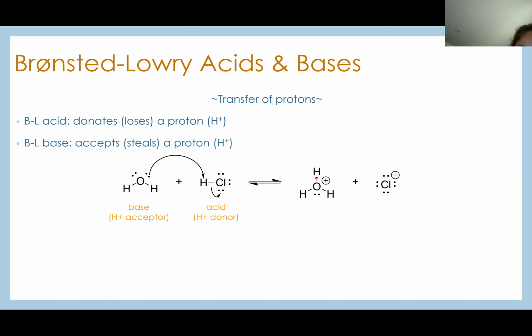So this proton here, those two electrons, is the lone pair that did the attacking. And then chlorine has two extra electrons that came from the covalent bond between hydrogen and chlorine. So hydronium is the conjugate acid of water. Chloride is the conjugate base of hydrogen chloride or hydrochloric acid. So remember, the conjugate acid is always one proton more than your original base, and the conjugate base is one proton less than the acid that you started off with.